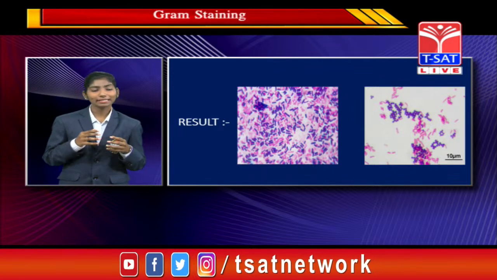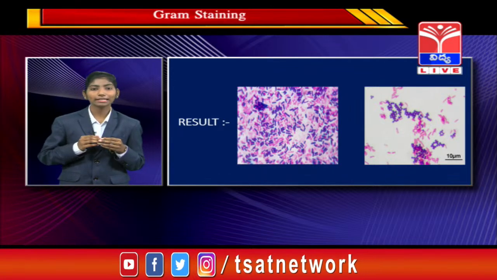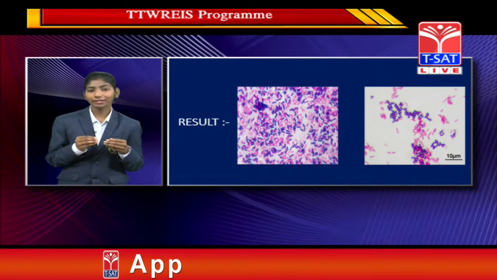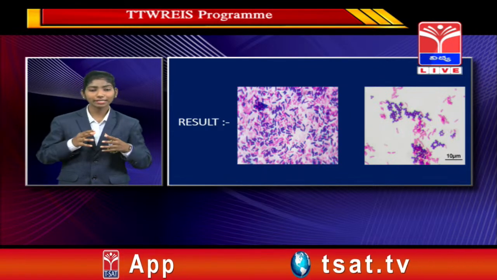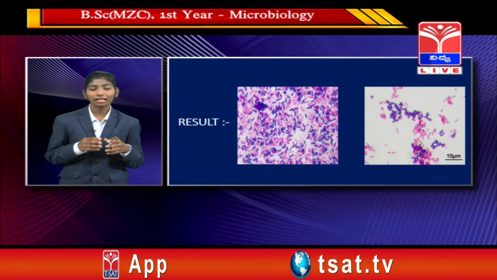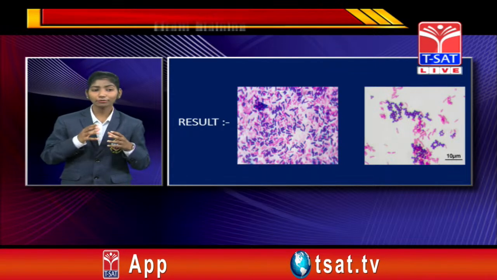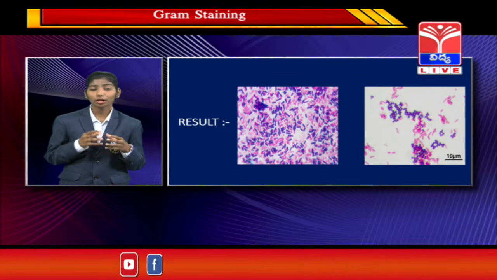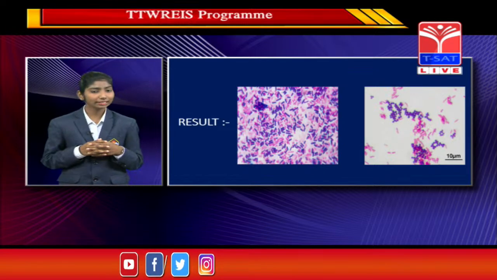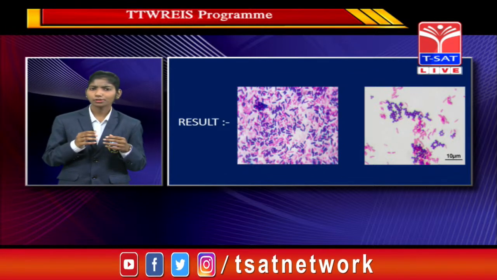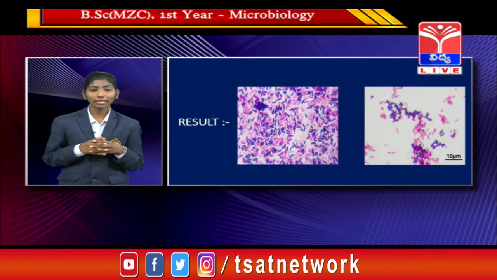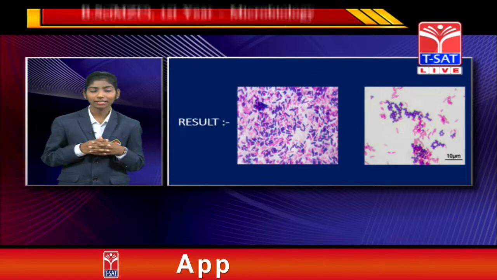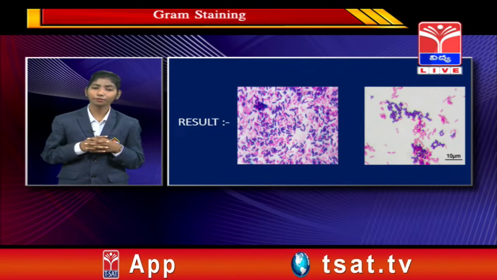By stopping the crystal violet iodine complex, when we add alcohol to these gram-positive bacteria, the main function of this alcohol is to dehydrate the thick layer of peptidoglycan. When the peptidoglycan layer is dehydrated, it leads to shrinkage of pores.